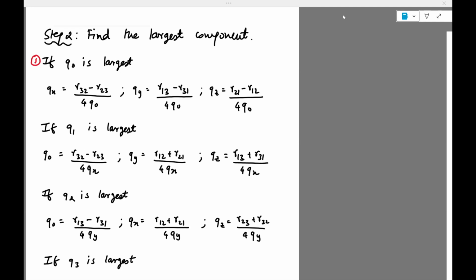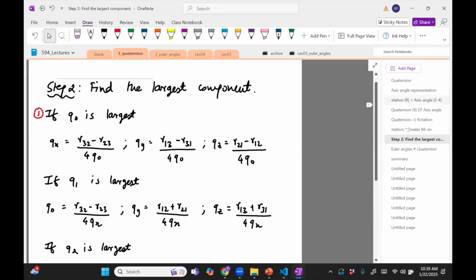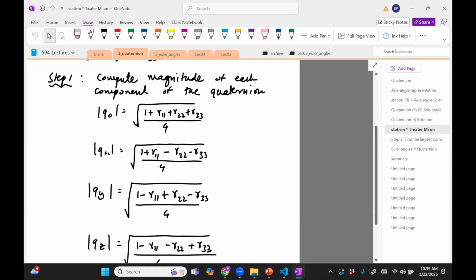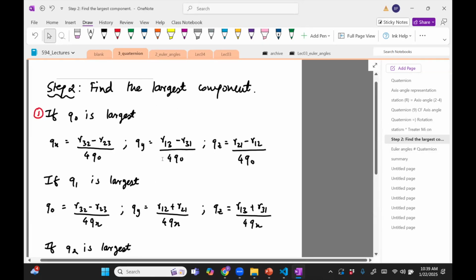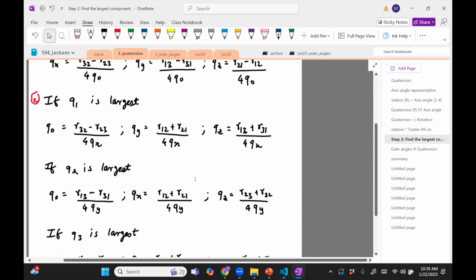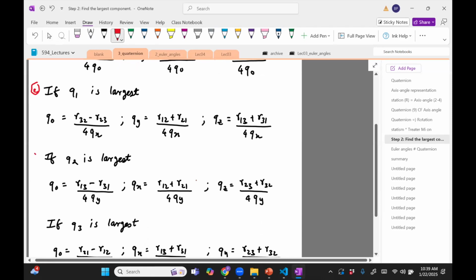You'll ignore all the other values; this is the largest, so you use these formulas to compute qx, qy, qz. If qx is largest, then you'll go with this. This should be qx, my bad. This should be qy, and this should be qz.